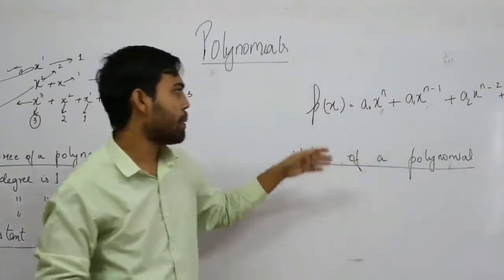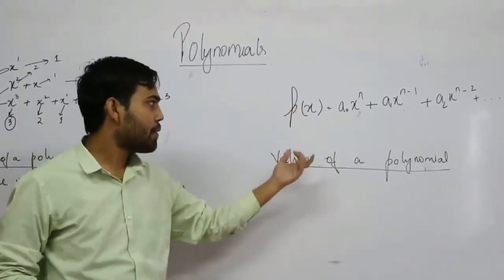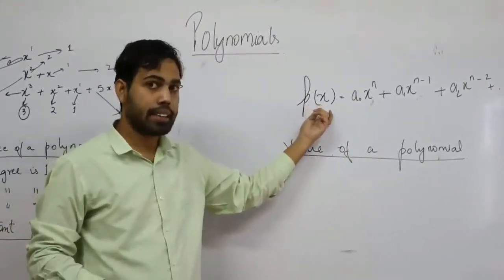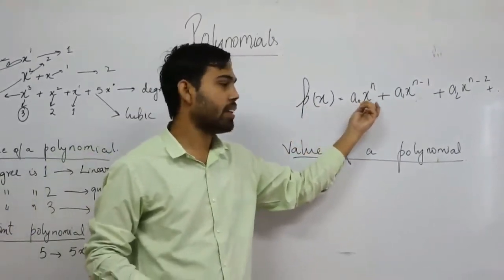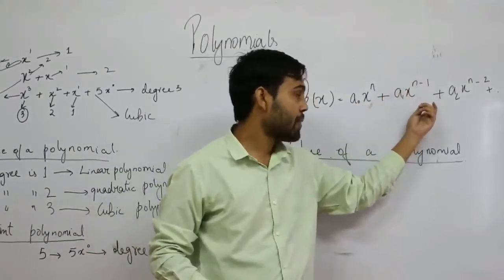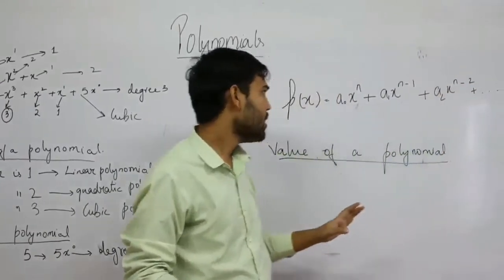So basically, this is the general representation of a polynomial.